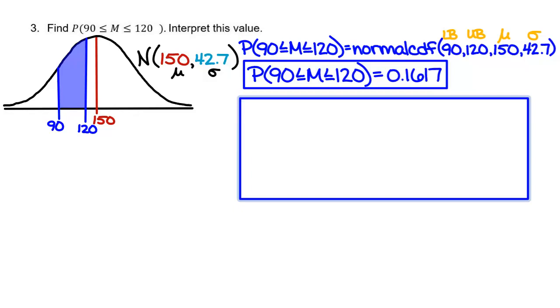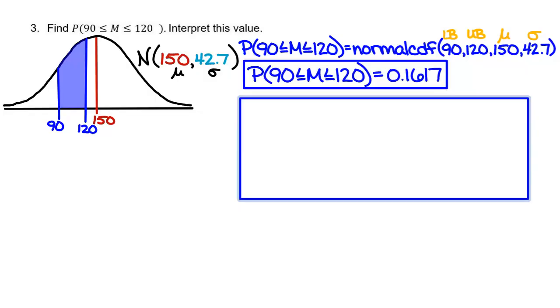And then what is this the probability of? What did we just calculate? Probability of choosing a Minecraft player who plays at least 90 to 120 minutes per day is about 0.167. Yes. And you're right.